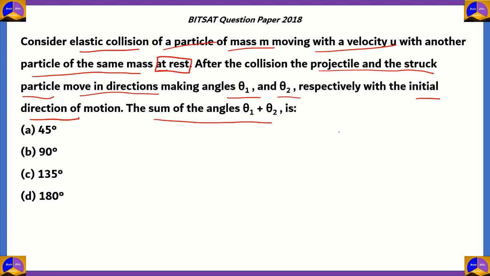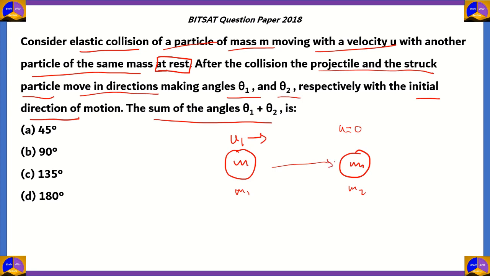So we have a particle of mass m, and it's moving with a velocity u1. And then we have another particle here that is also of mass m. Let's represent them as m1 and m2 respectively. And here the value of the initial velocity is 0.